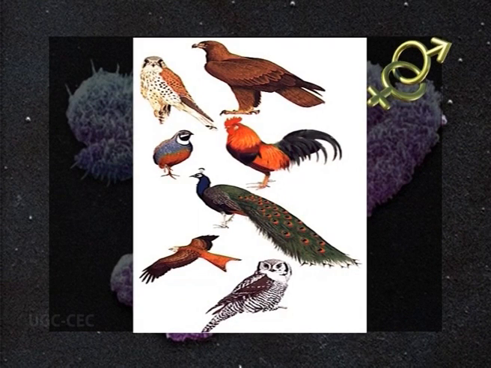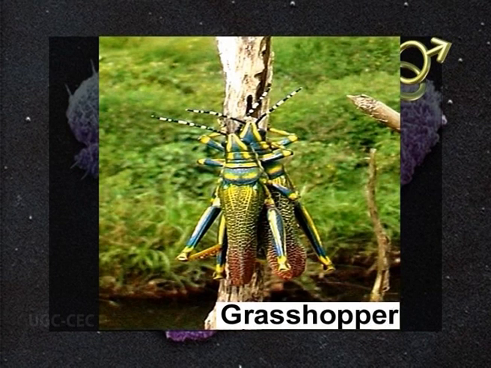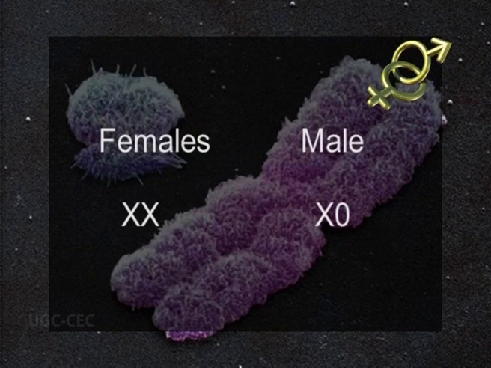However, in birds, the males have two Z chromosomes and the females have a Z and a W chromosome. In some insects, such as the grasshopper, there is no Y chromosome. Females are XX and males are characterized as X0. The 0 indicates the absence of a chromosome.